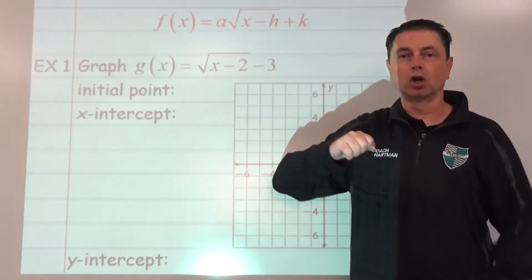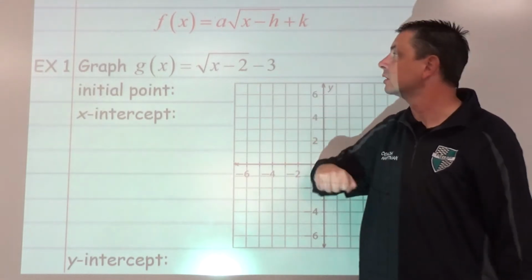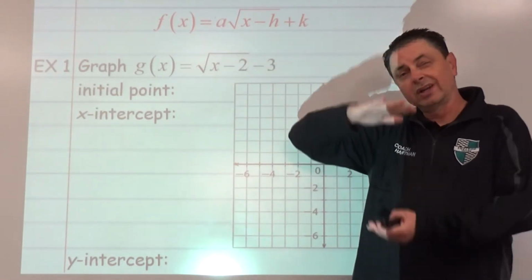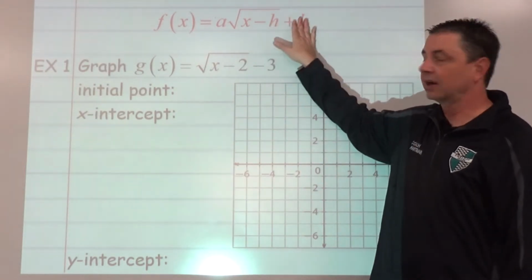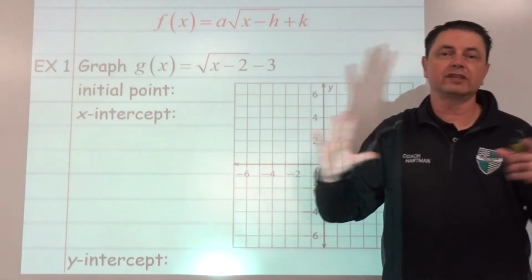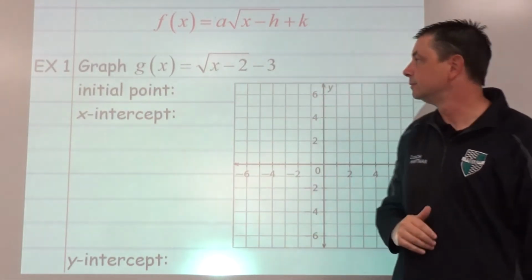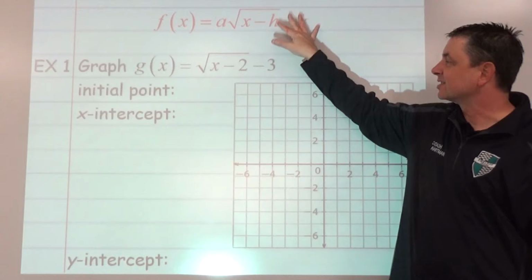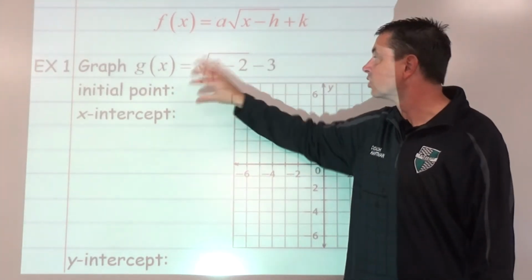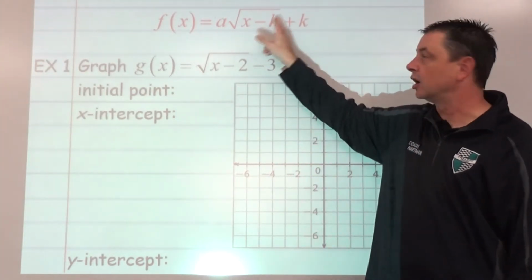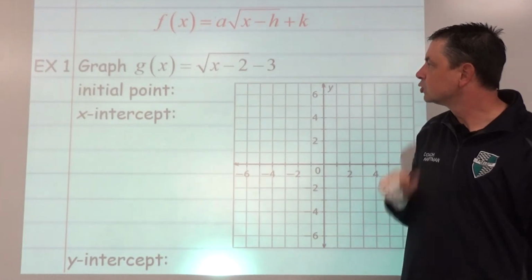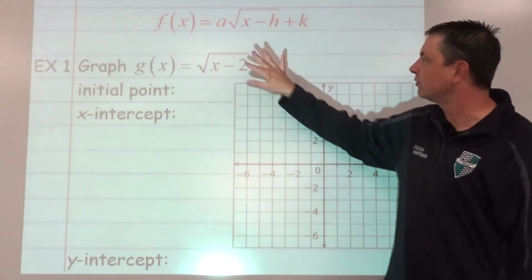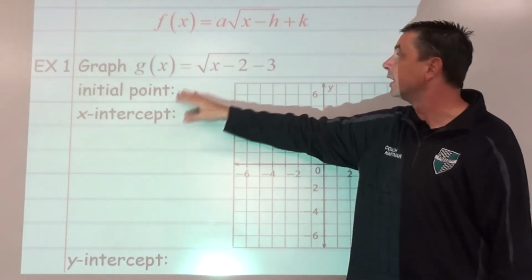If a is a large number, it's going to stretch it vertically. If it's between 0 and 1, it's going to compress it. And we've got our h and k that do our shifting horizontal and vertical. That's going to affect our initial point, because our initial point is the h comma k. So that's probably a good place to start for our graph, is the initial point.